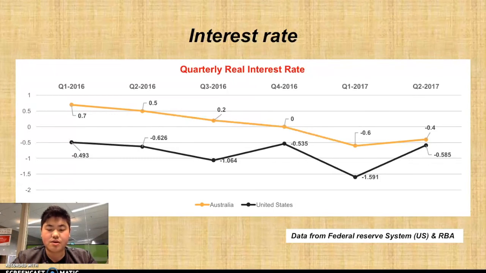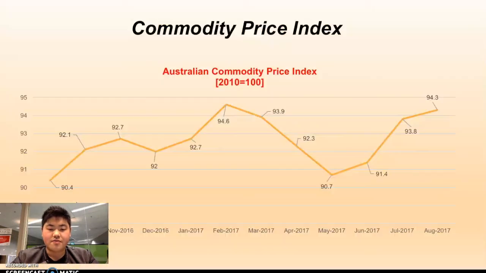Then the real interest rate in Australia sharply decreased until the second quarter of this year. These two nations almost meet at the same point, with negative 0.4 and negative 0.585.